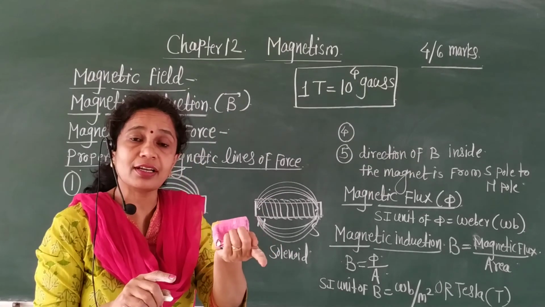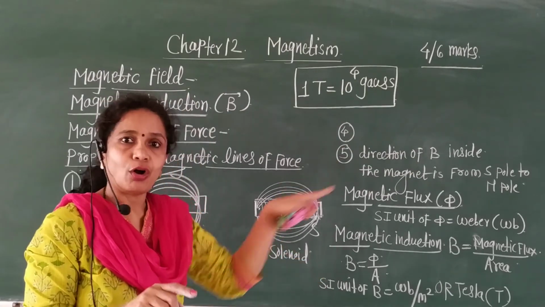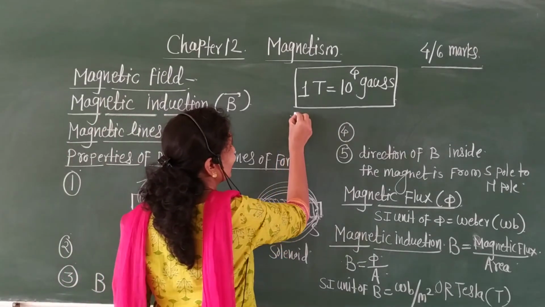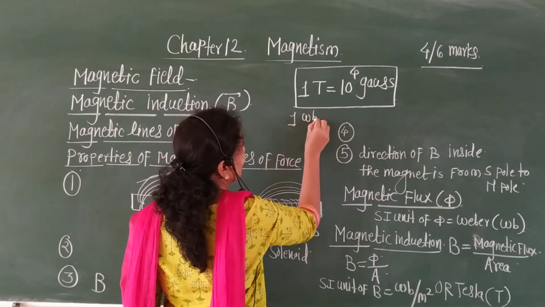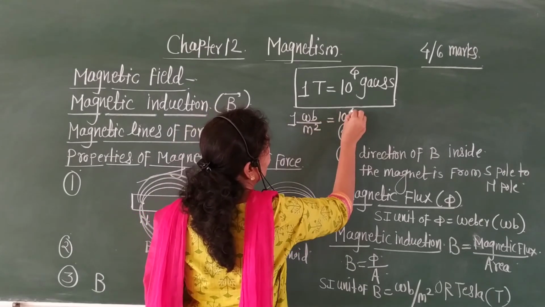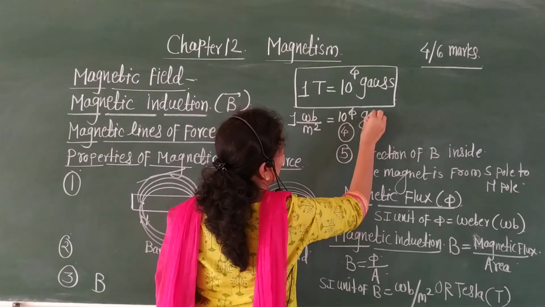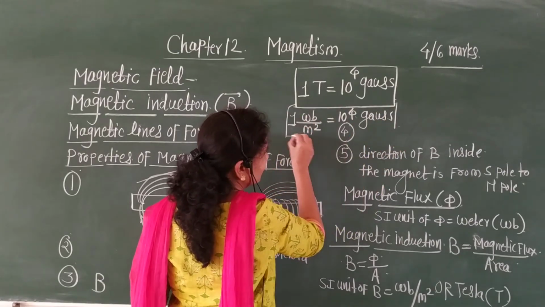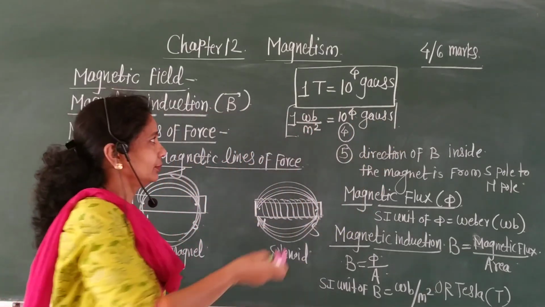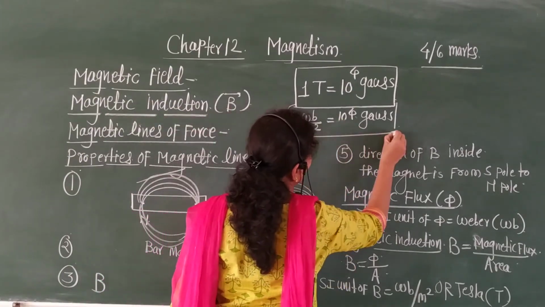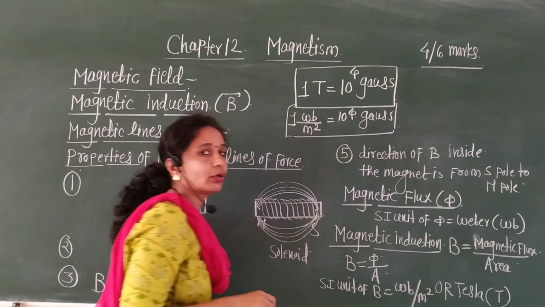Gauss is the CGS unit of magnetic induction, or you can say that 1 Weber per meter square is equal to 10 raised to 4 Gauss.